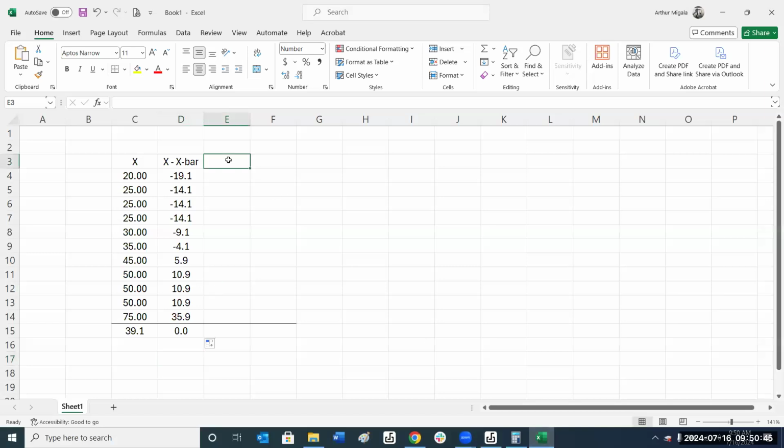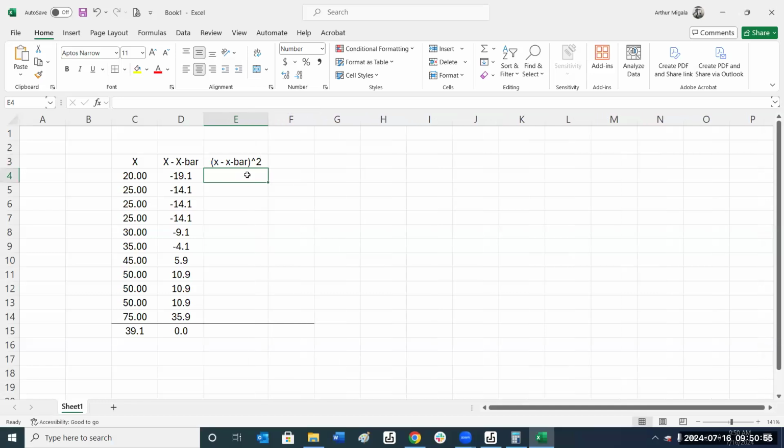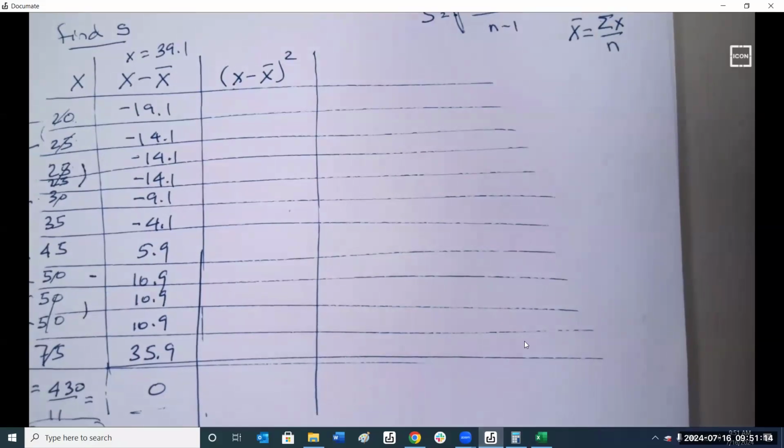So what we have to do here. Square. What is square?